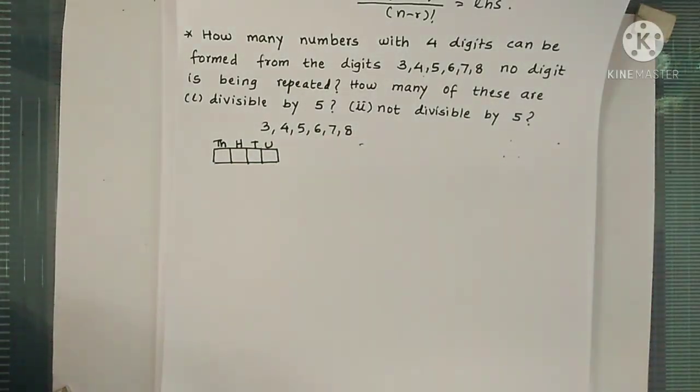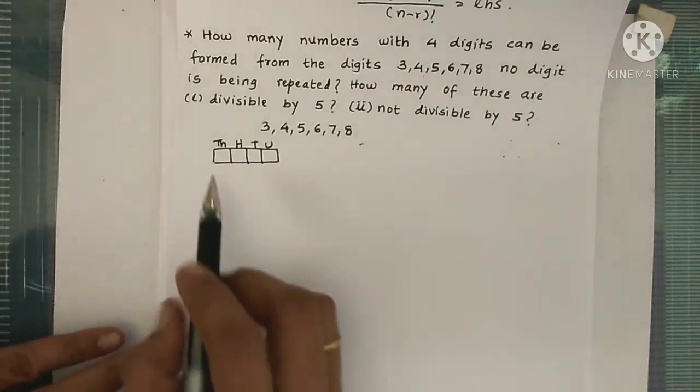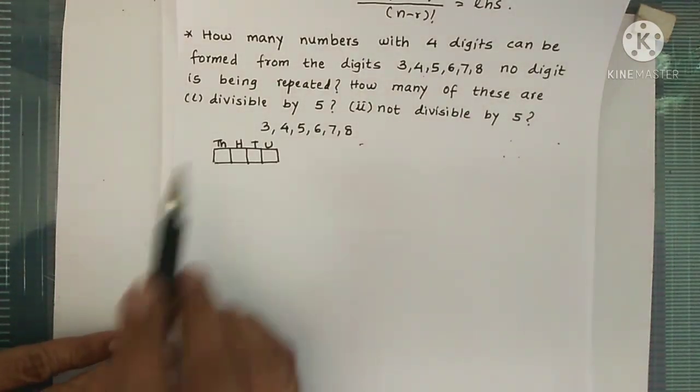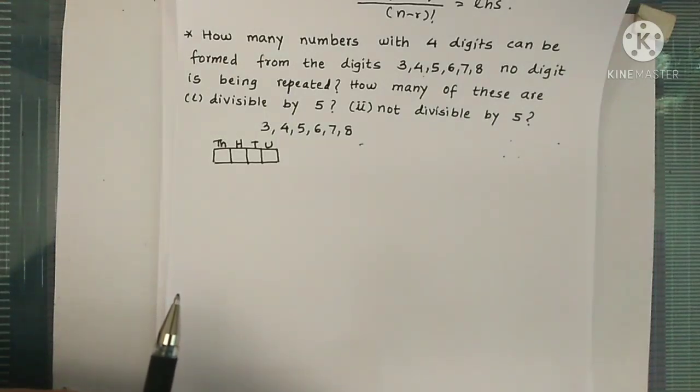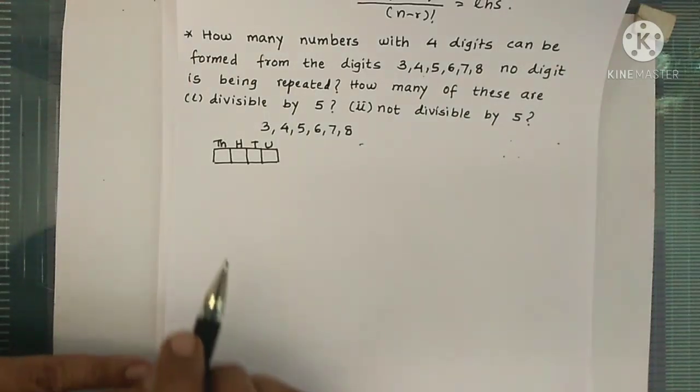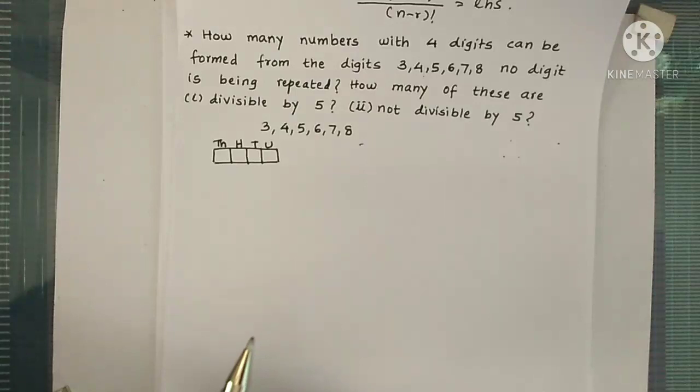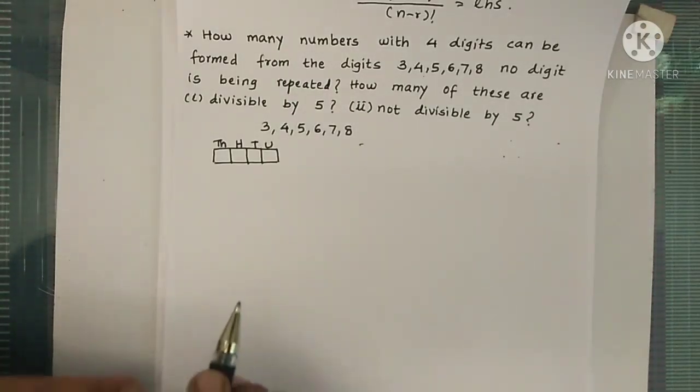So always we have to check whether 0 is given in those digits or not. 0 is not given here, so we don't have to think about the first place. If 0 is given there, then we have to think about the first place, as we cannot fill the first place with 0. Okay. Now in NPR, the digits or the objects are not repeated.